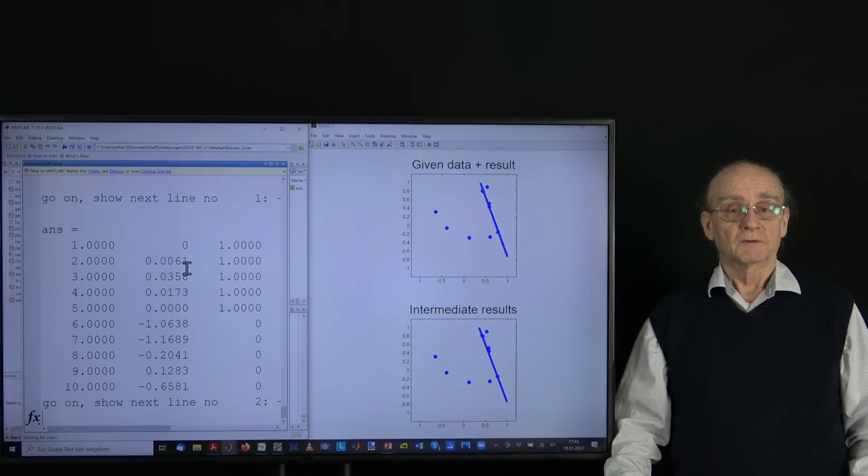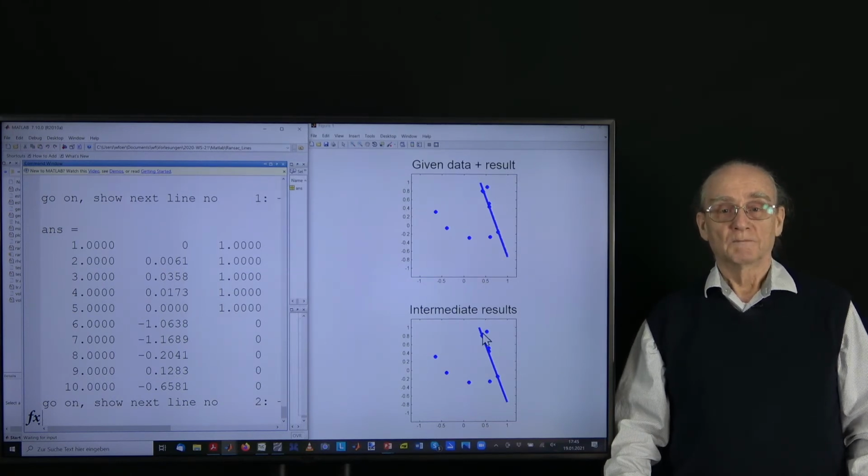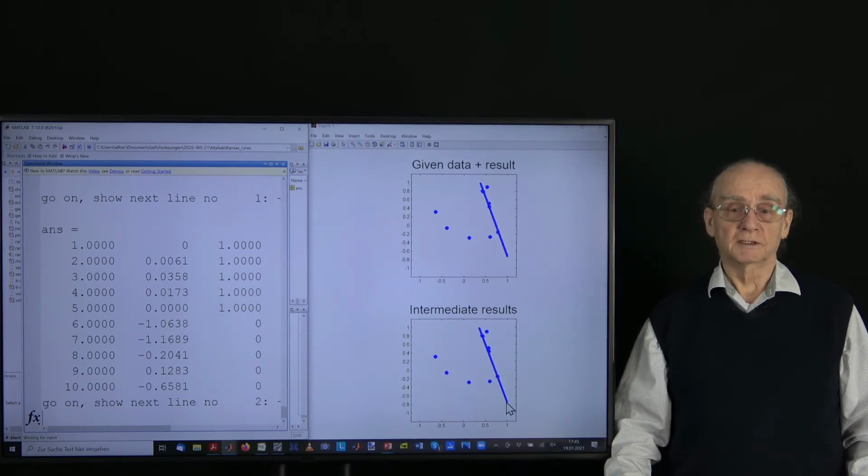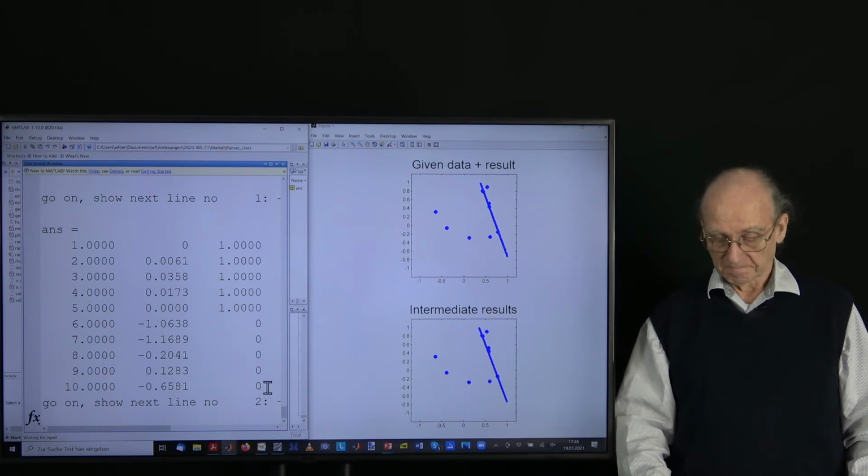And you see that all these points between 1 and 5, the first points are always the good ones, the last ones are always the bad ones. So these points are all sitting on the line. The residuals are small enough. So you see here the residuals being 0.0 whatever, 273, etc. So these are classified as inliers. The others are classified as outliers.